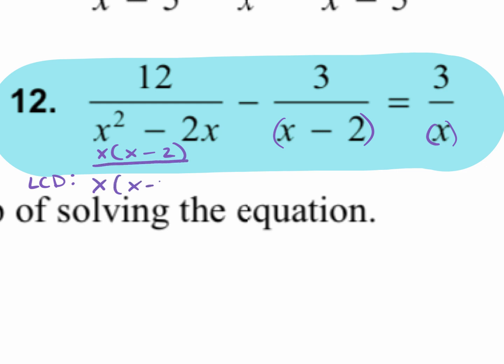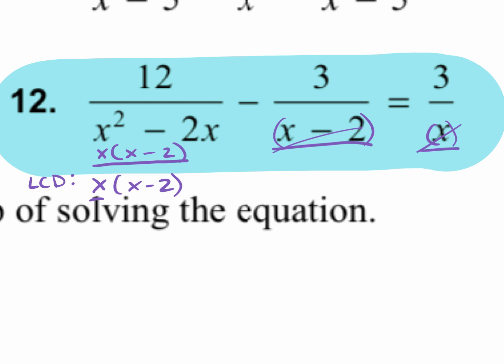So x times x minus 2. Moving on to the second denominator, do I have an x minus 2 on the list already? Yep, so we don't have to include that one. What about an x? Yep, we have a solo x too, so we don't have to list the other x. So we're good there. So our least common denominator would be x times x minus 2.